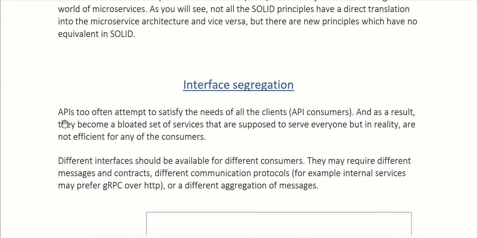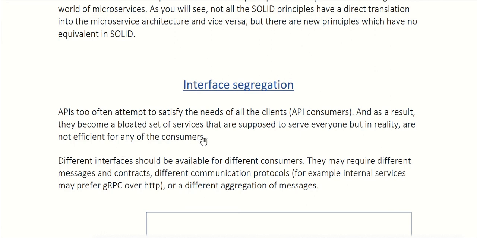Okay, so APIs too often attempt to satisfy the needs of all the clients, or API consumers you can say, and as a result they become a bloated set of services that are supposed to serve everyone, but in reality they are not efficient for any of the consumers.